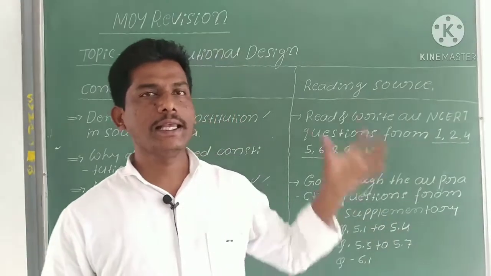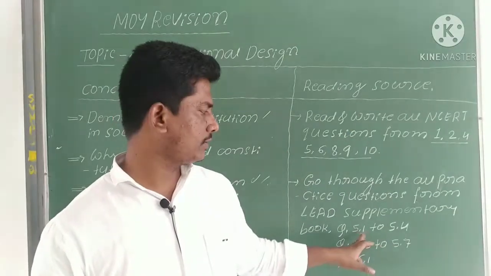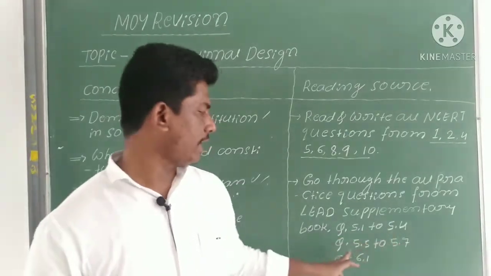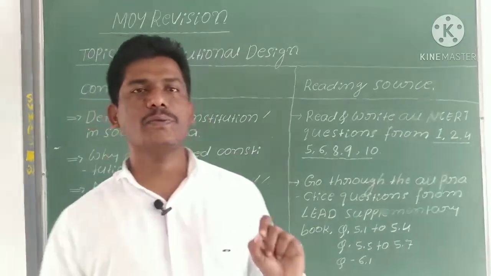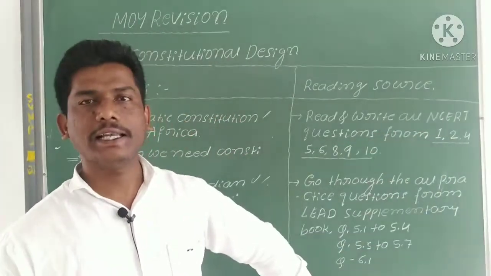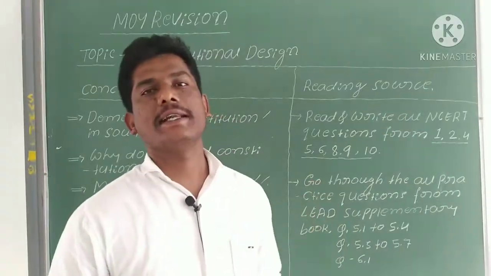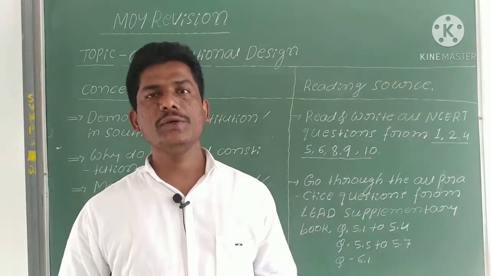Especially focus on question 5.1 to 5.4, question 5.3 to 5.7 and the last 6.1. Write these NCERT questions along with the lead questions in your CW. If you have any doubts, please go through the worksheet.